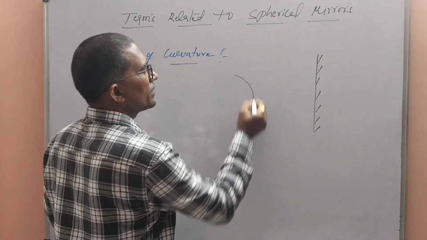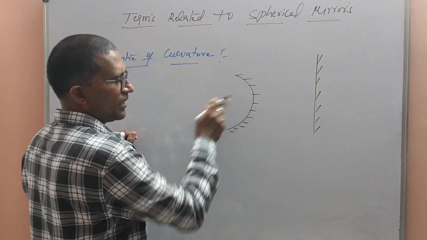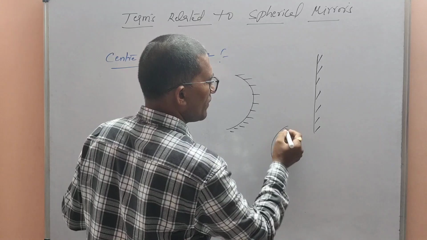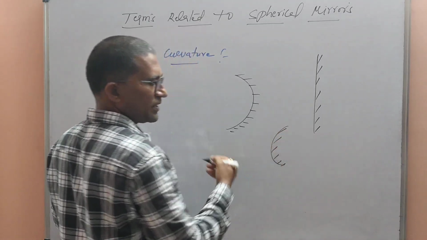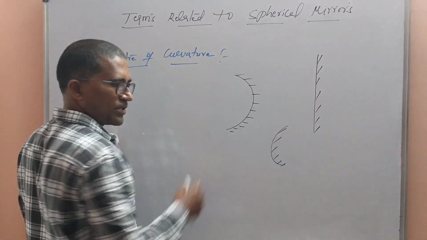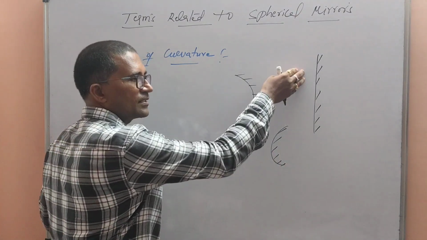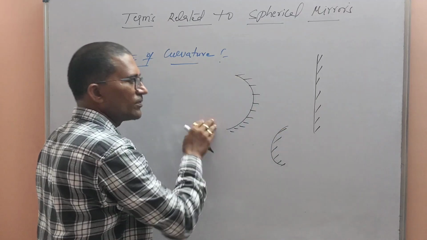Whereas a concave mirror has a curved surface bent inwards, and a convex mirror has a reflecting surface bent outwards. So here we have some curvature, and here we have some curvature. Here we don't have any bend; it is a plane, flat surface.